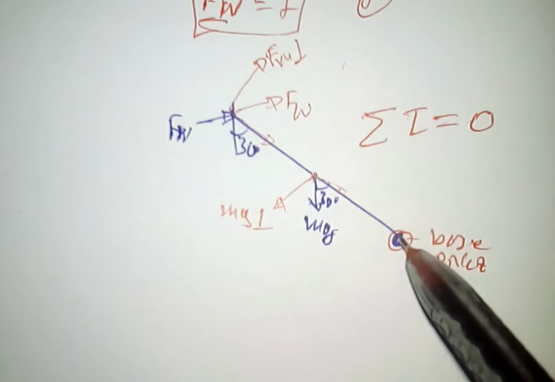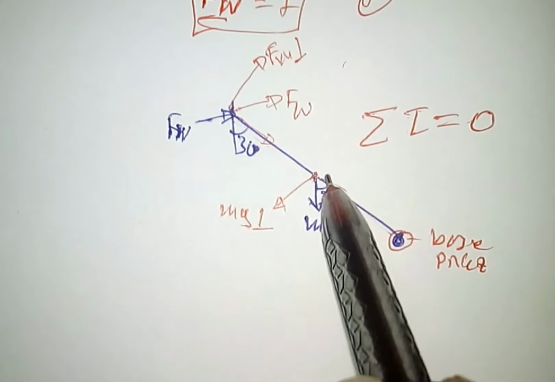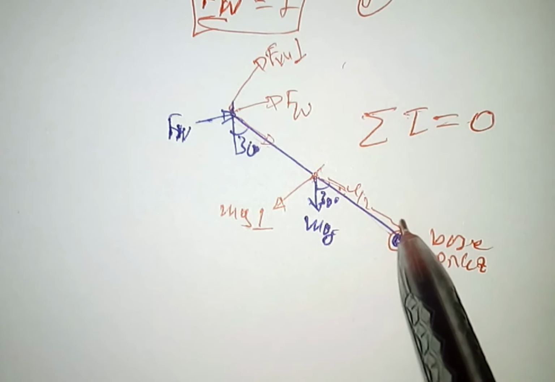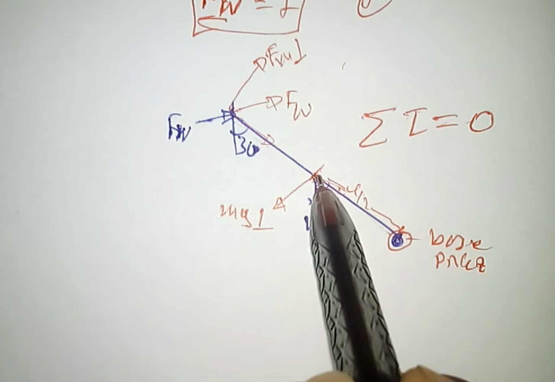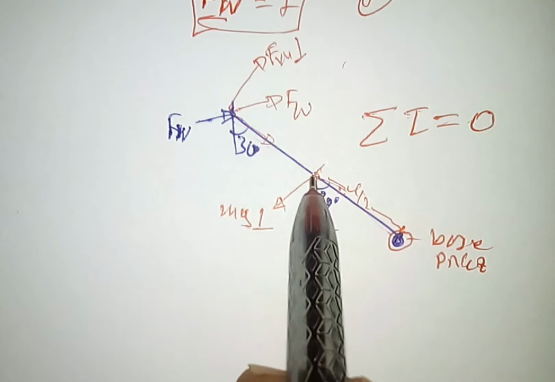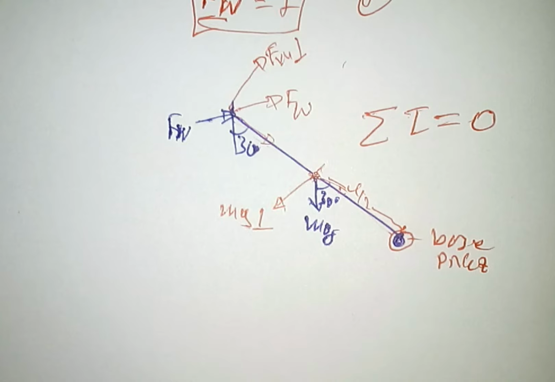If this is the length of the ladder, up to mg we have L over 2, meaning the center of mass is at the center of the ladder, and the total length is 3 meters, so this is 1.5 meters.